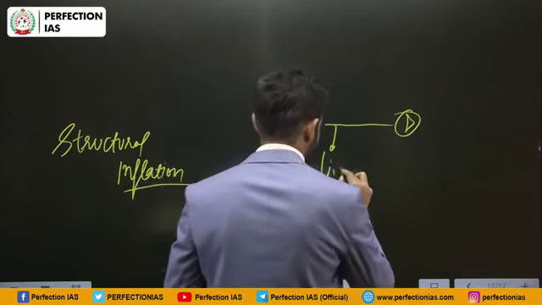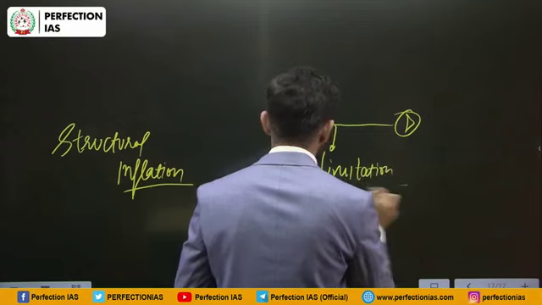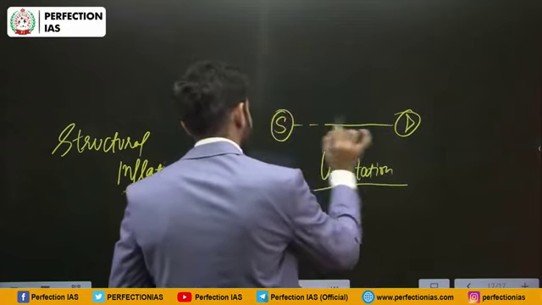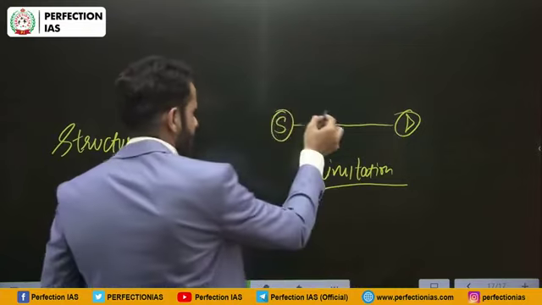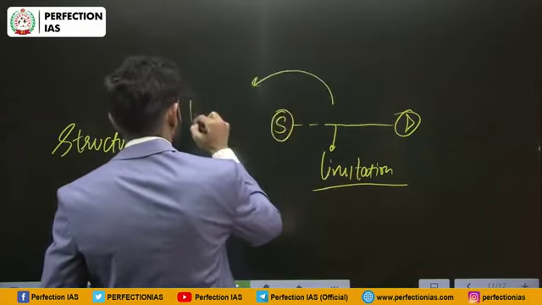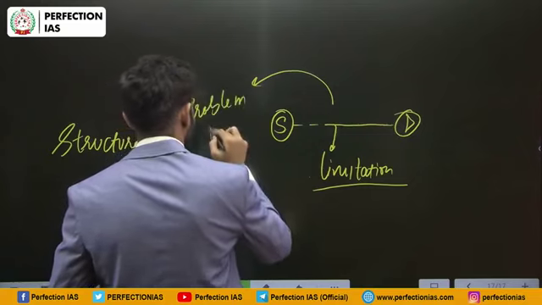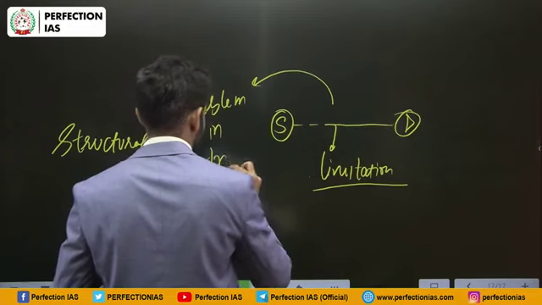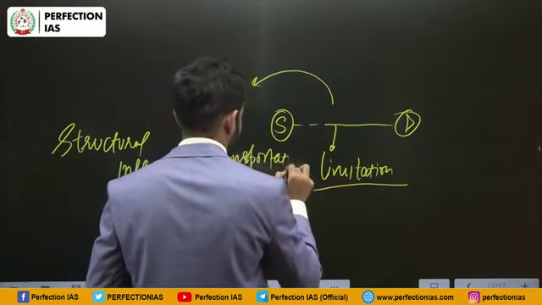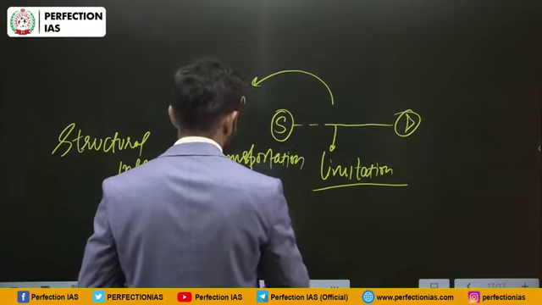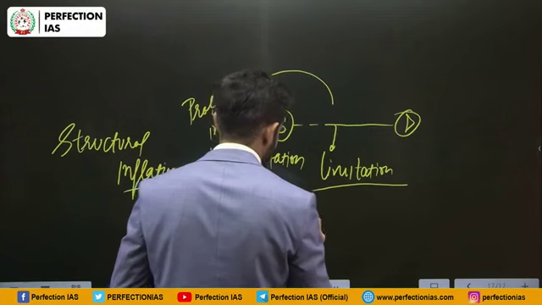So there are barriers or limitations between supply and demand. For example, one simplest example, problem in transportation due to poor infrastructure.